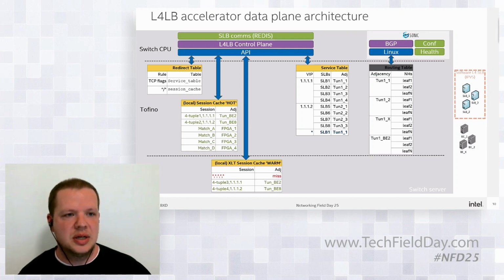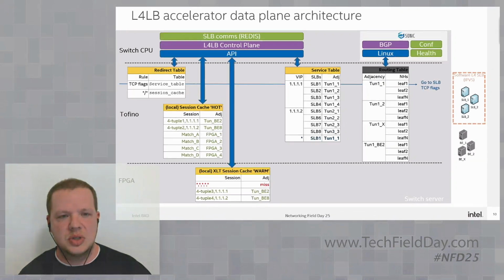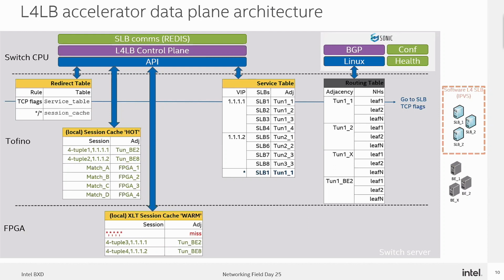You can see there's a switch CPU, there's Tofino, there's an FPGA or multiple FPGAs. This diagram is relatively high level. It doesn't describe all the functions, but it helps us understand what the system does and how it operates. So let's say a new session comes into the data center, a new client requests the content.